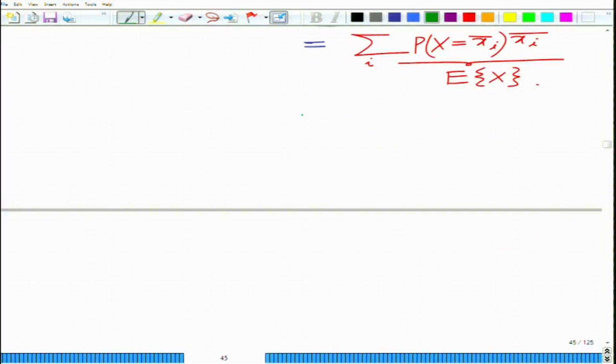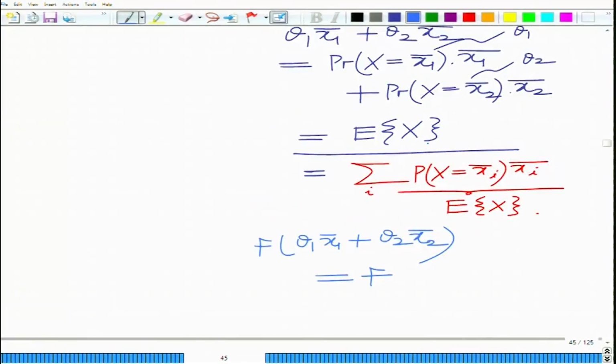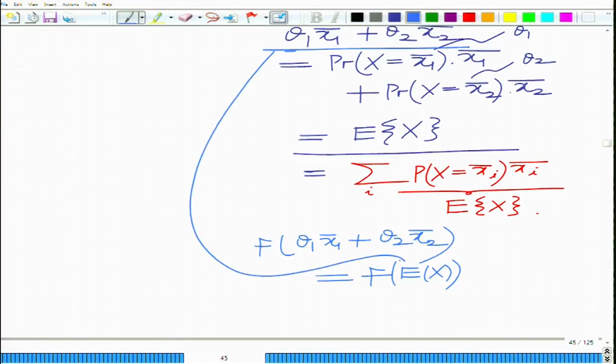Further, if you look at this quantity f of theta 1 x1 bar plus theta 2 x2 bar, you can now write that as f of the expected value of x, because we have shown that theta 1 x1 bar plus theta 2 x2 bar is equal to the expected value of x.